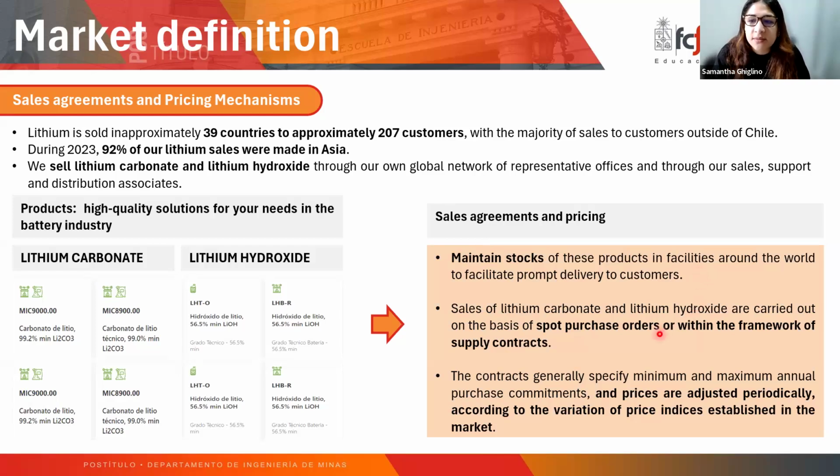Sales of lithium carbonate and hydroxide are mostly made in spot purchase orders or within the framework of supply contracts. These contracts almost always have some minimum and maximum purchase committed, and prices are adjusted periodically according to the variation of price indexes established in the market.